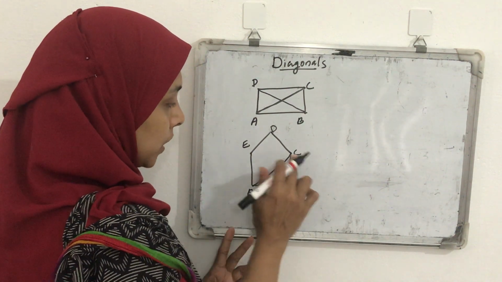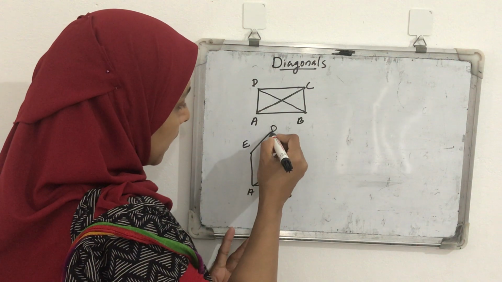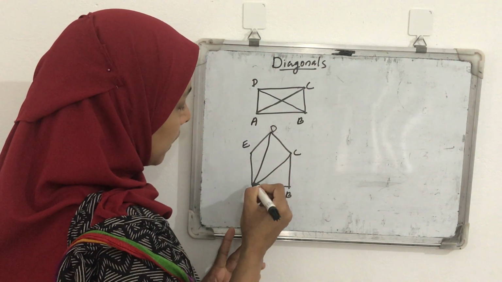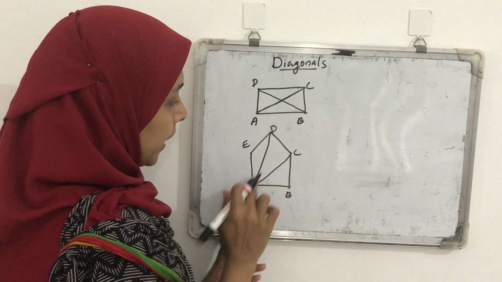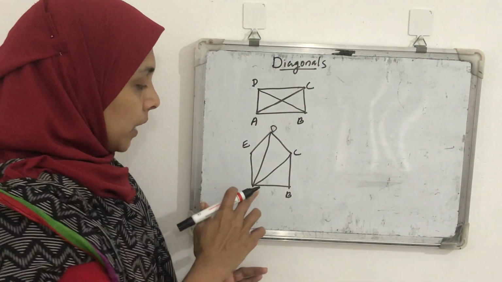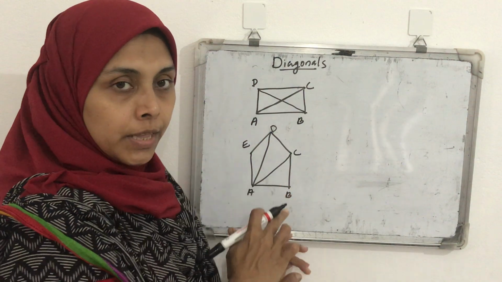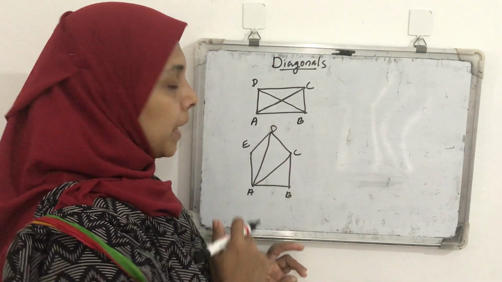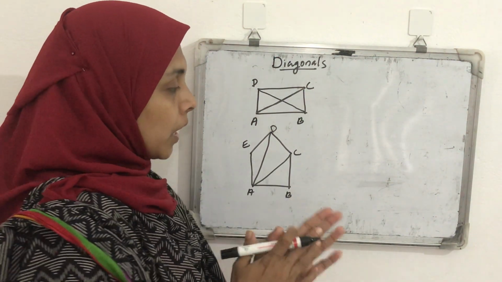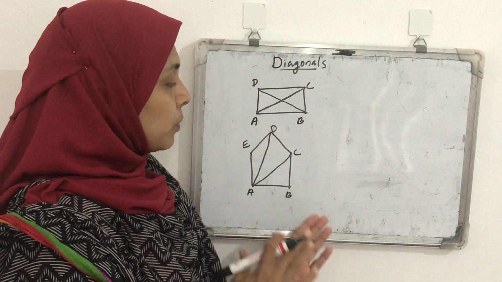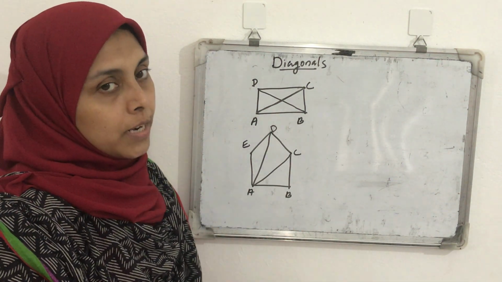AC is a diagonal, and another diagonal we can draw here: AD. AD is another diagonal. So, two diagonals we can draw from A in this pentagon. In this way, we can draw as many possible diagonals in different polygons.